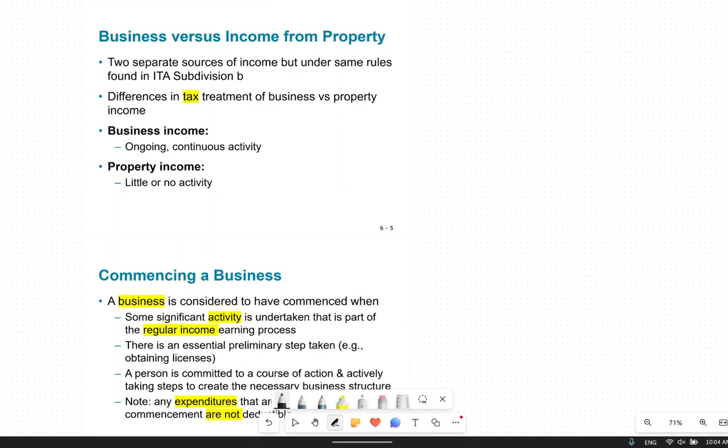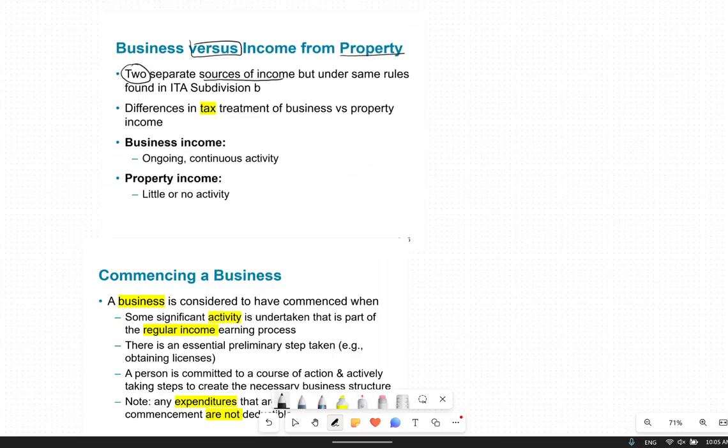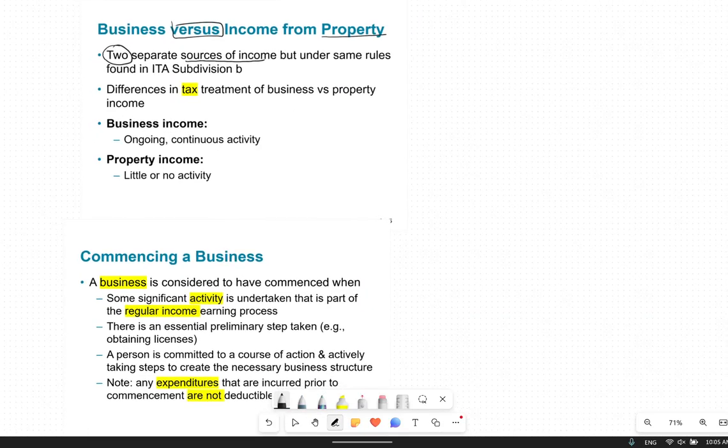There's a difference between business income and income from property. They are 2 separate sources of income. You can have income from business and you can have income from property. There are 2 different sources of income, but under the same rule. The same rule applies to both business income and property income.